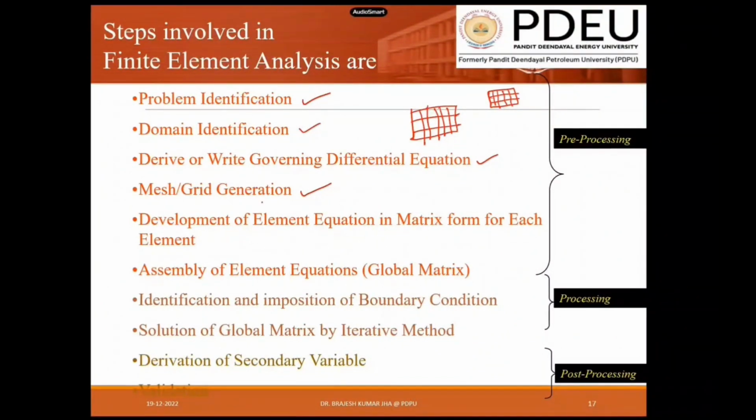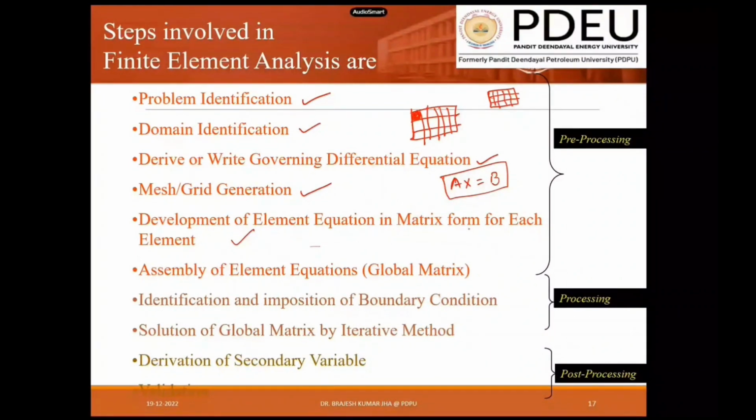So after mesh generation, we develop the finite element equation in the matrix form for each of the element. Once we go for the solution of such a problem, that differential equation is described finally in the matrix form that we usually say Ax equals B. For every element we have Ax equals B, and then we add all and we will have the global structure.